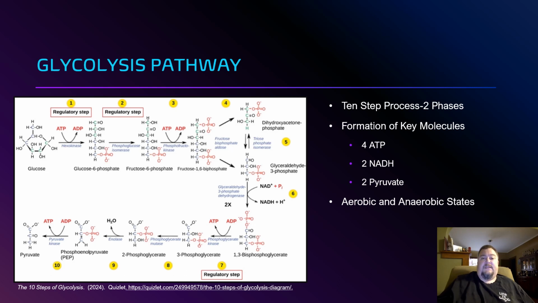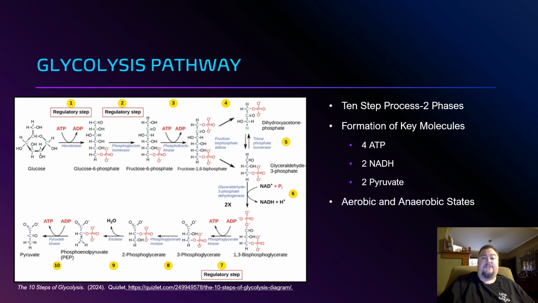Step 5, the DHAP is converted into glyceraldehyde 3-phosphate, and the two molecules exist in equilibrium, but the equilibrium is pulled strongly downward in the scheme of the diagram above, or to the left, as glyceraldehyde 3-phosphate is used up. Thus, all of the DHAP is eventually converted.